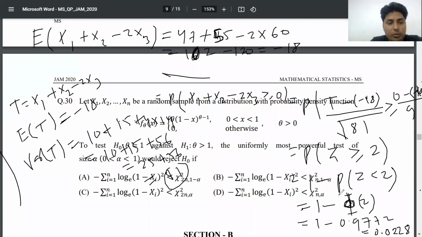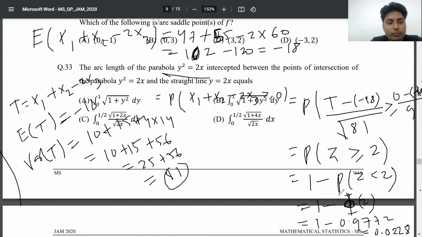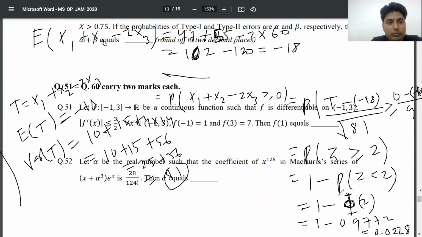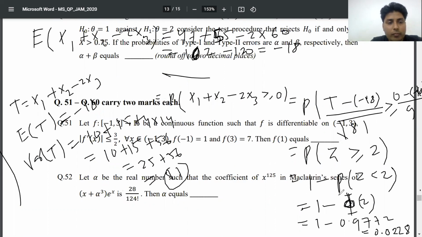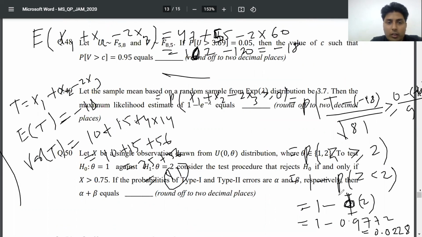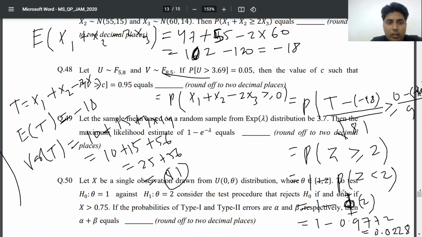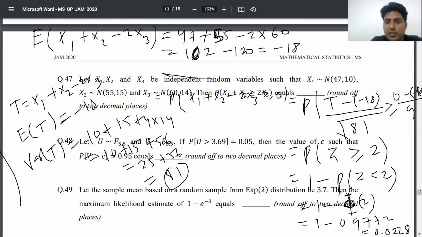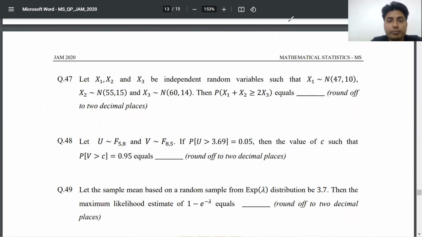The question asks you to round up to 2 decimal places. Okay, so 2 decimal places it wants. So you can write 0.02. Okay, it's 0.02. Thank you. So next we see.